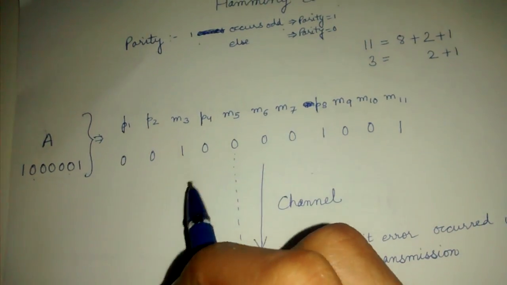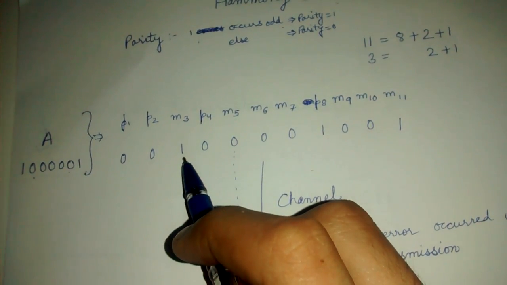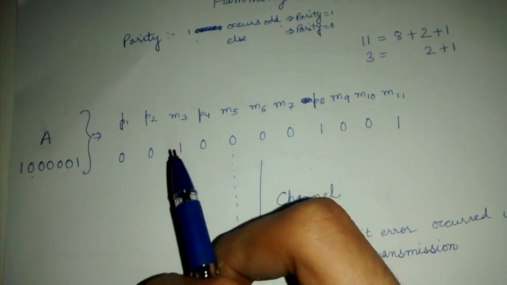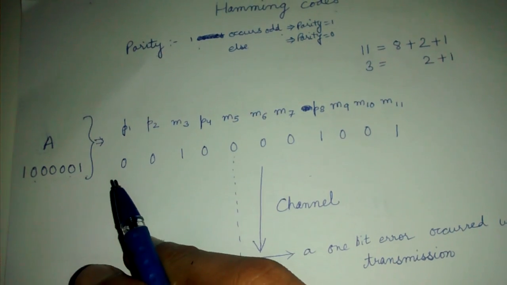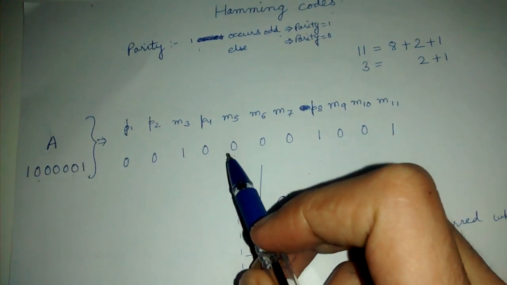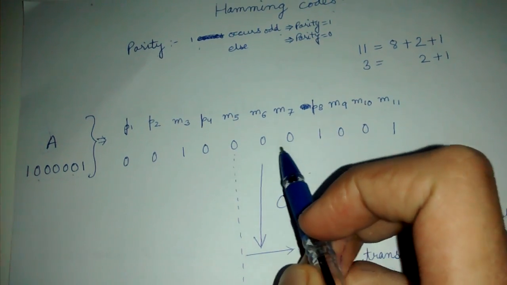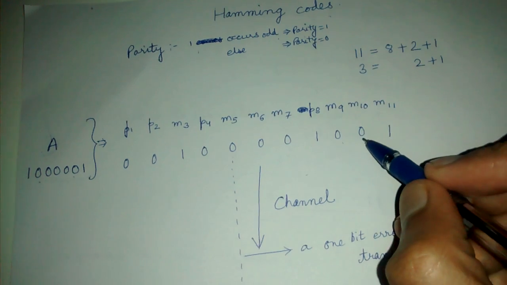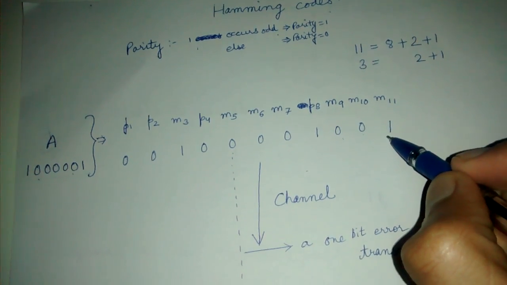In our Hamming code form, the message bits go at the positions which are not the powers of 2. So 3 is not a power of 2, 5 is not a power of 2, 6, 7 are not powers of 2, 9, 10, 11 are not powers of 2.